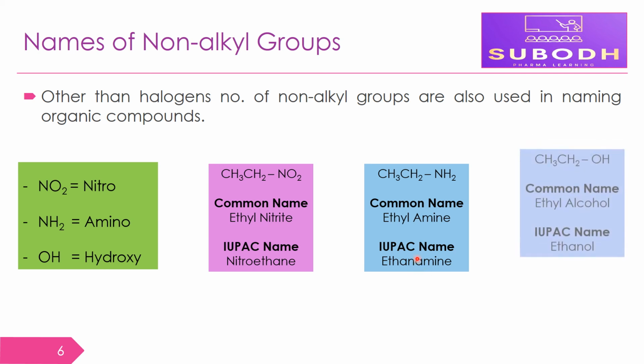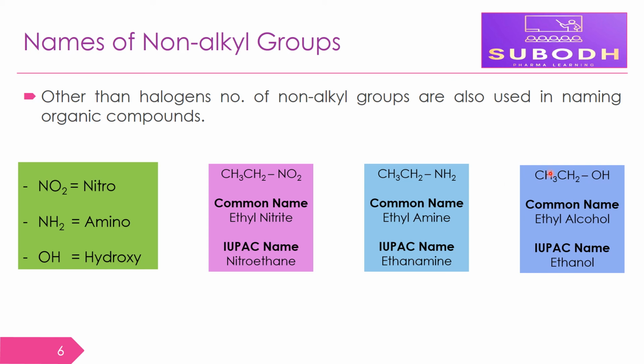Likewise, when dash OH, that is hydroxy group, is attached to alkyl group, it is named as ethyl alcohol. As ethyl group is attached to dash OH, that is hydroxy.